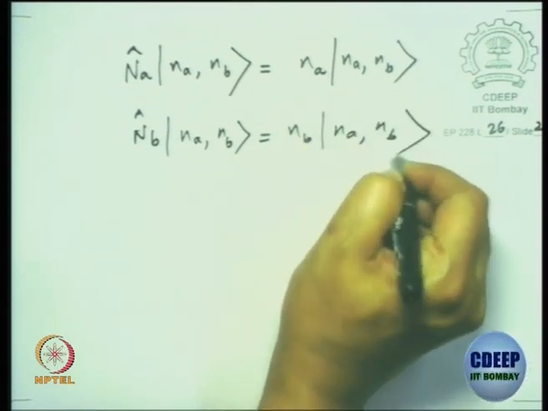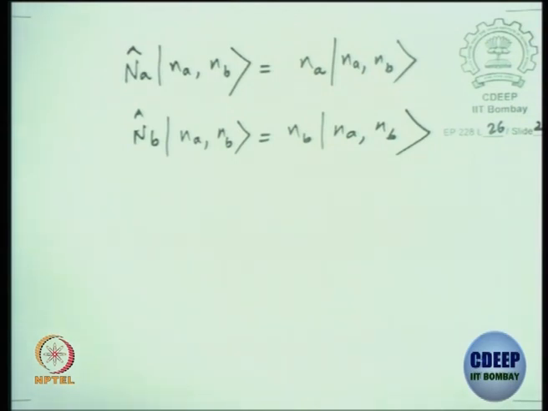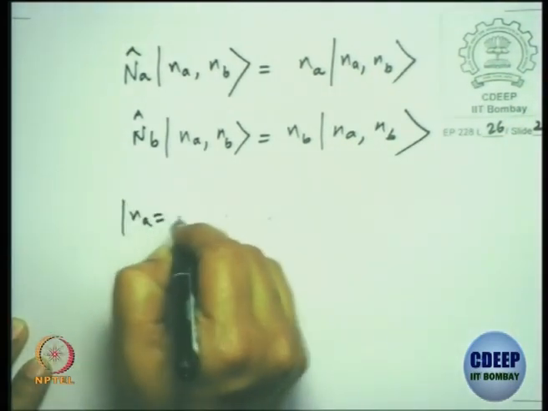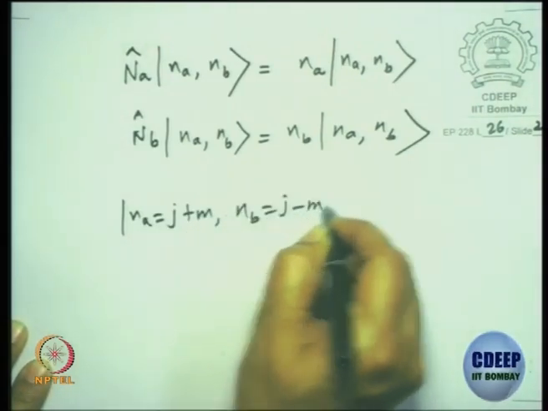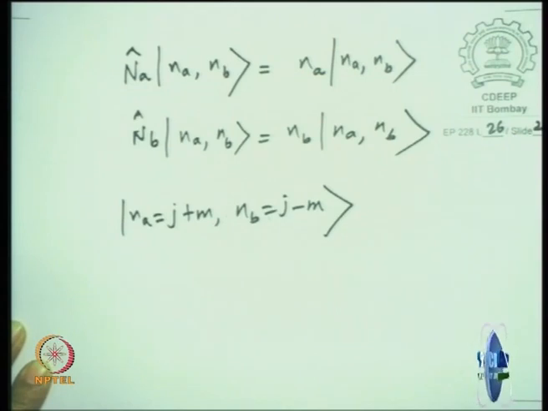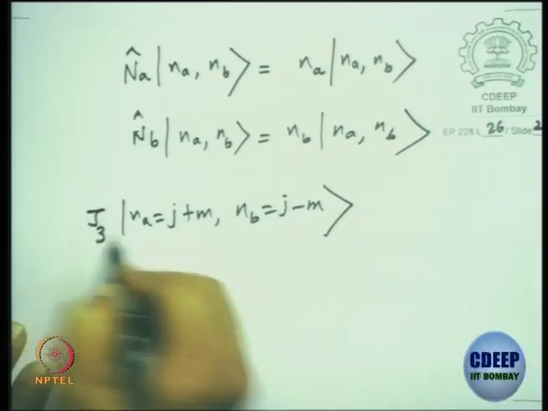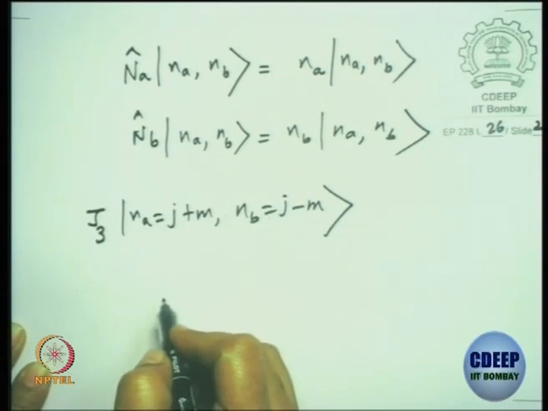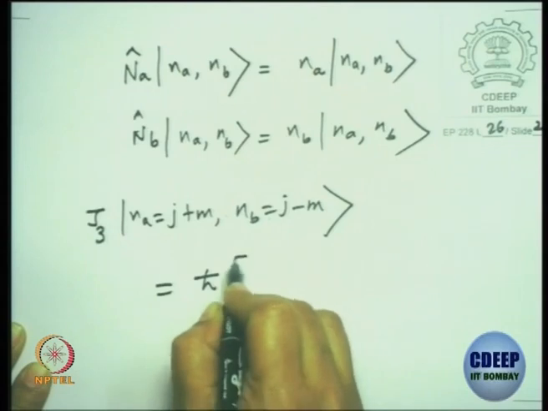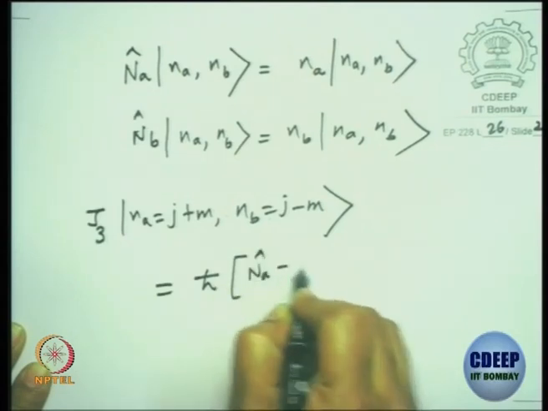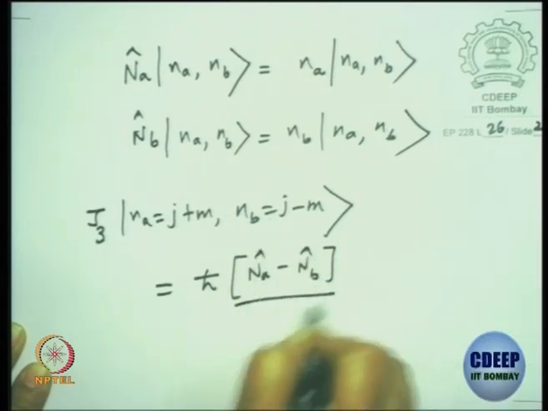Is that right? I can do this. I can also write Na as j plus m and Nb as j minus m. And look at what J3 is. J3 is nothing but h cross times the Na operator minus the Nb operator by 2.